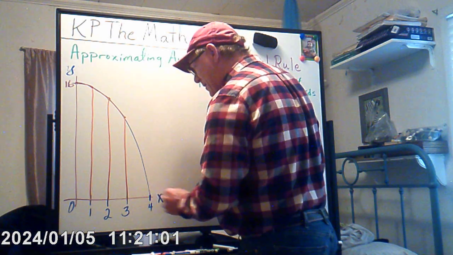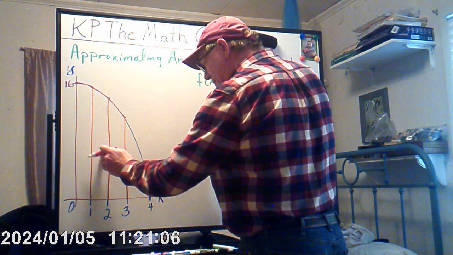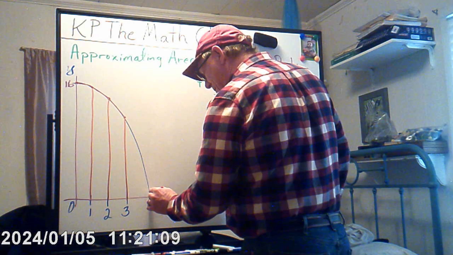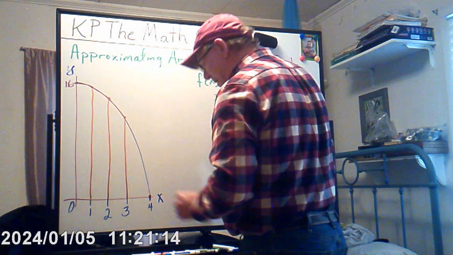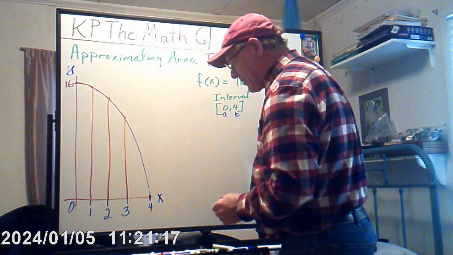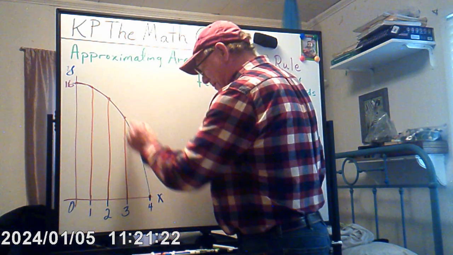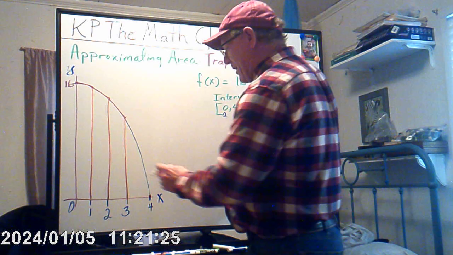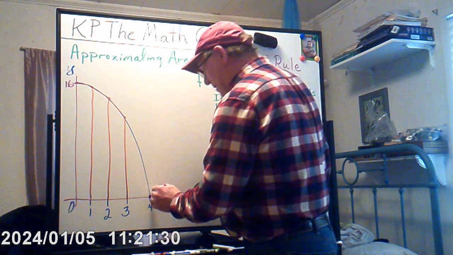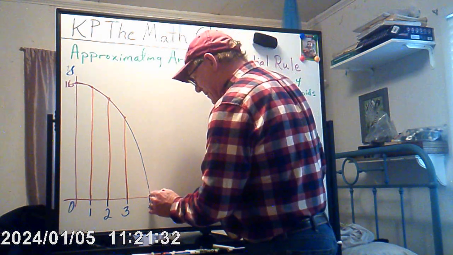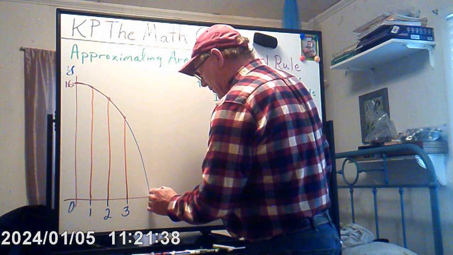And then of course this one here, which we really don't have. So 1, 2, 3. Well, we want to make a trapezoid here, but this is 0 here. It comes all the way down. It's not much of a trapezoid at all, and it's kind of difficult to make a full trapezoid.